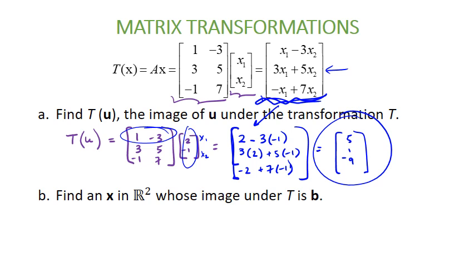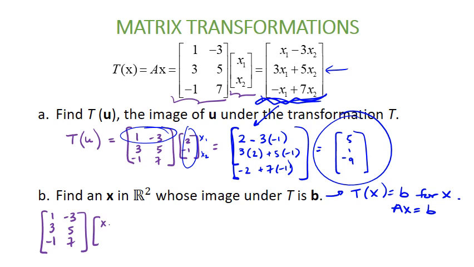Basically this is saying that T of x is equal to b for some x. Well, what does that mean? Basically, what that means is Ax is equal to b. So in our case, when we set this up, we have Ax is equal to b. And b is given to us on the previous slide, which is this.